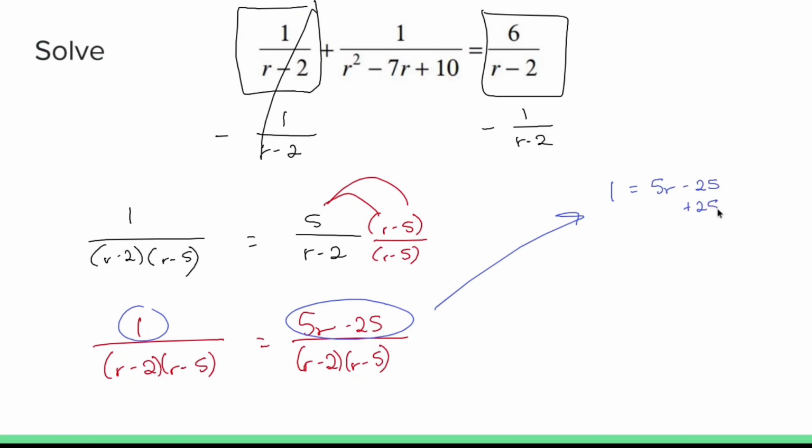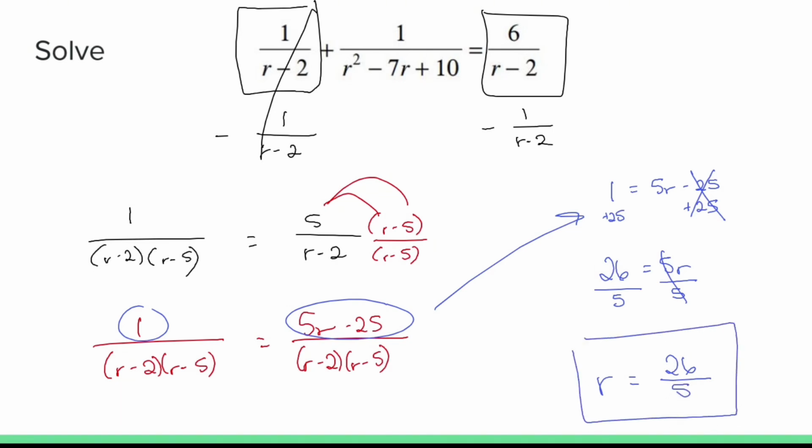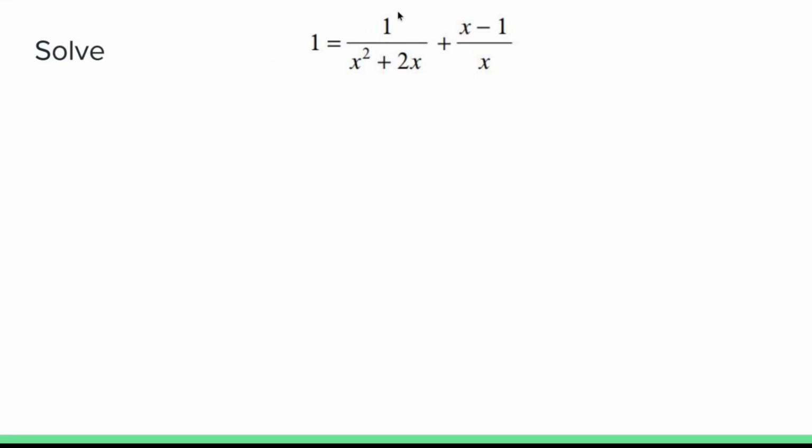Add 25 to both sides, cross this out. 26 equals 5r. Divide by 5, divide by 5, and r will equal 26 over 5. And that's it.